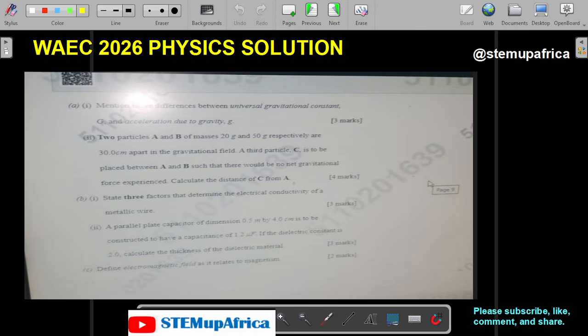So let's see the next. It says two particles, A and B, of mass 20 grams and 50 grams, are separated respectively at 30 centimeters apart in the gravitational field. A third particle, C, is to be placed between A and B such that there will be no net gravitational force experienced. Calculate the distance of C from A. So let's illustrate with a diagram.